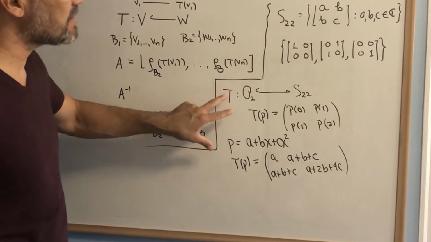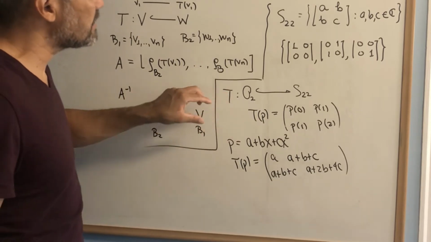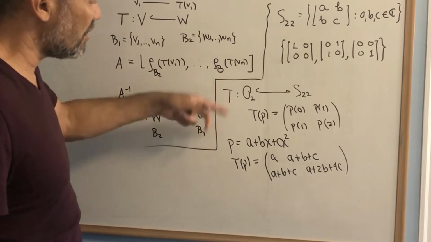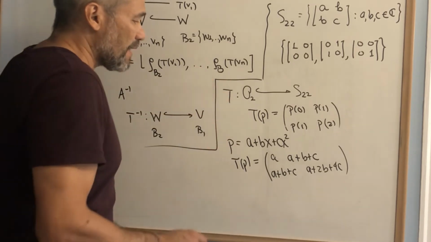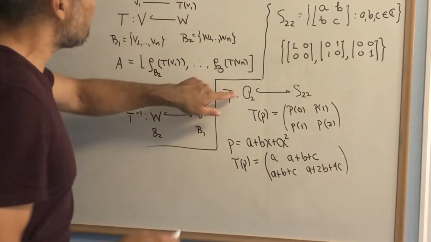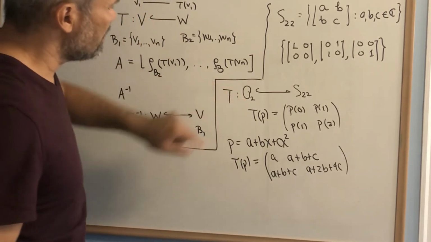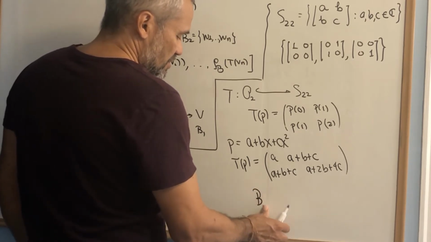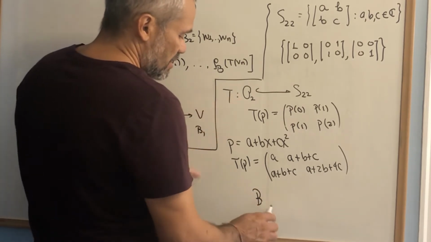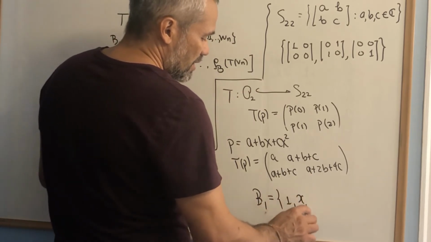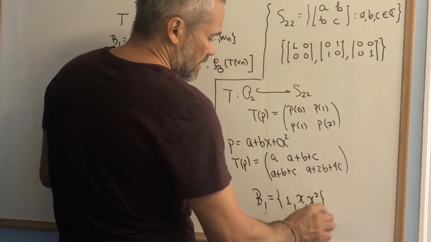We can check that this transformation is injective and is surjective, then it has an inverse. Let's compute the inverse. What we do is we pick a basis for the domain. Let's call this B1 because this is the domain, B1 equal to the polynomials 1, x, and x squared.